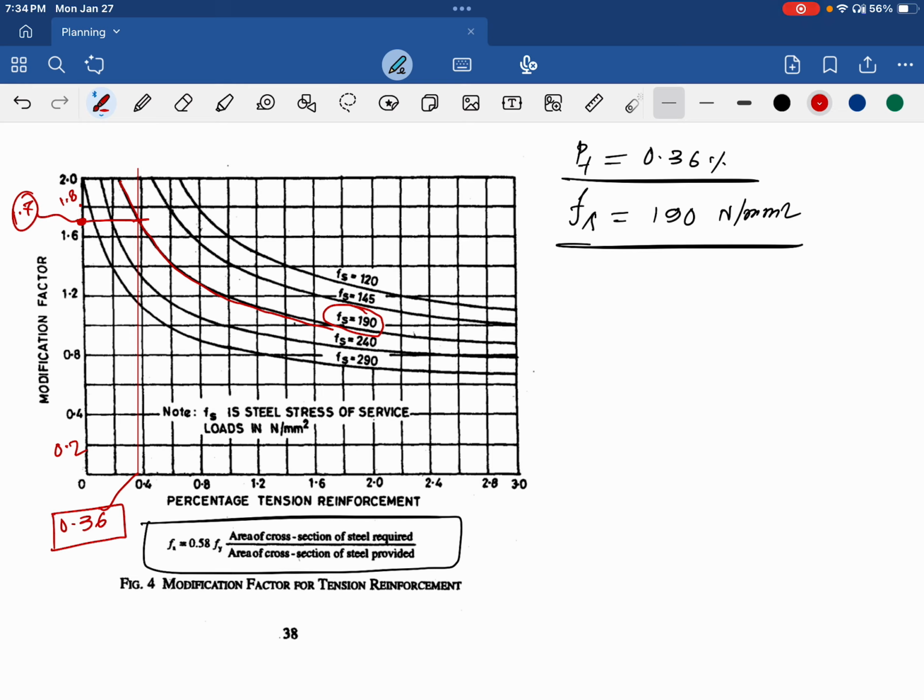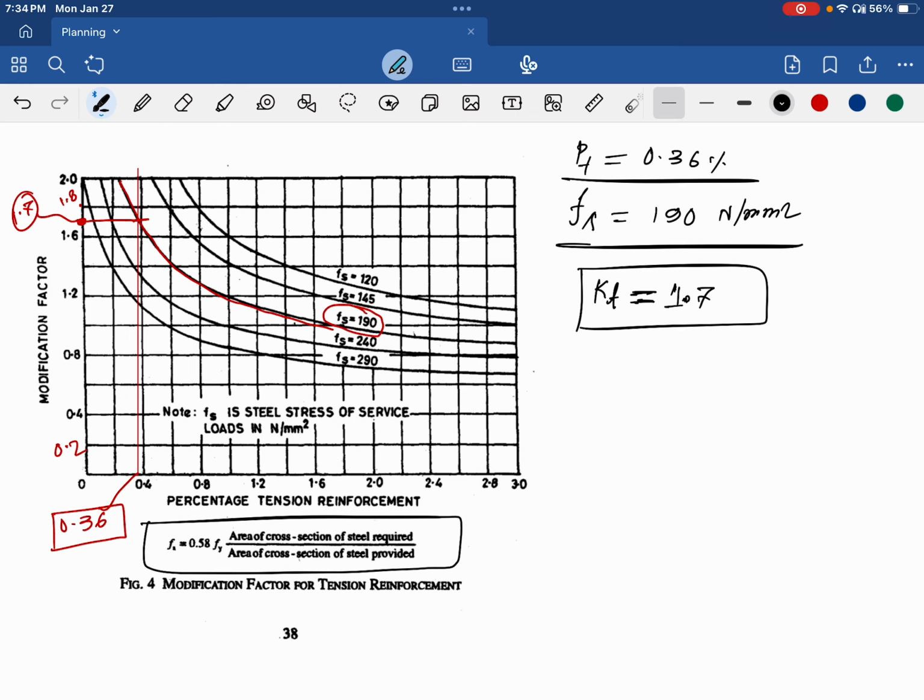So there is a little bit of confusion here. The exact value is not visible to us, so you have to do a little approximation. We got our modification factor Kt as 1.7. Always try to take the lower value to be on the safer side.